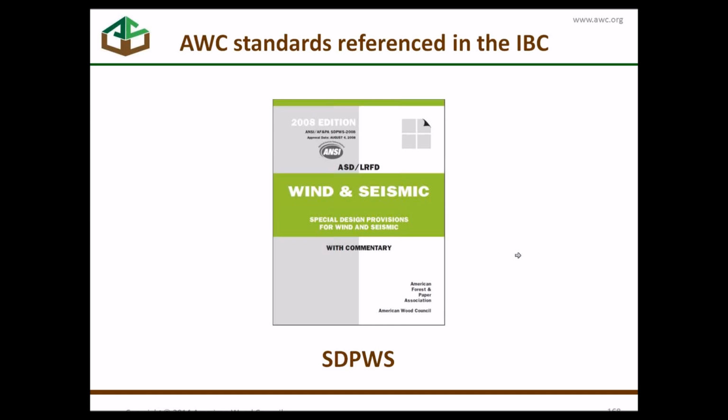The latest edition is the 2008. 2305 of the building code still does contain some criteria for lateral force resisting systems, especially in regard to non-traditional connectors such as staples and so forth. That's still in 2305. But for most of the other lateral load resisting systems, shear walls and diaphragms, this is the one that you would use to design those.